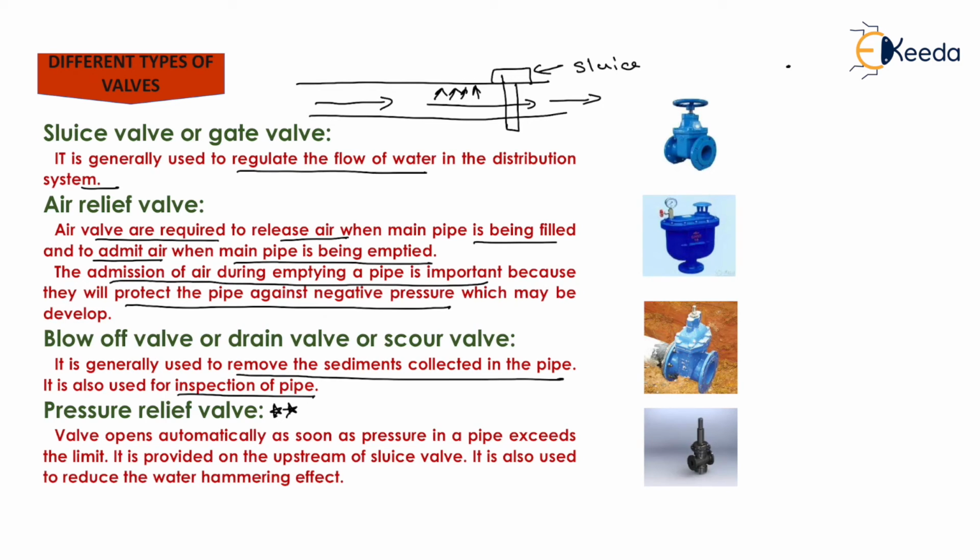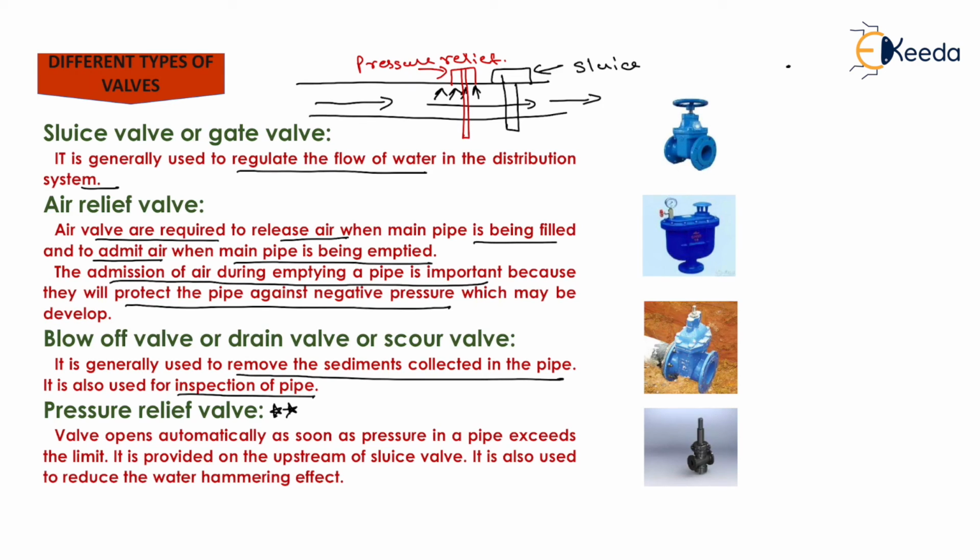Now to reduce this water hammering effect or to reduce this water pressure, what do we need to provide? We need to provide the pressure relief valve on the upstream side of the sluice valve. Now just listen to me. This pressure relief valve is operated by a spring mechanism.